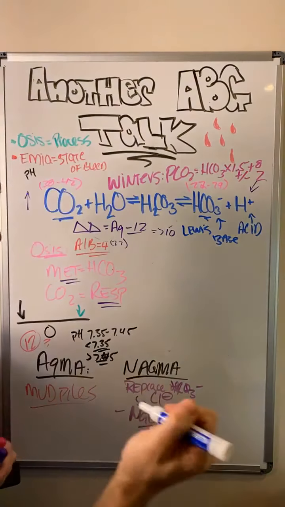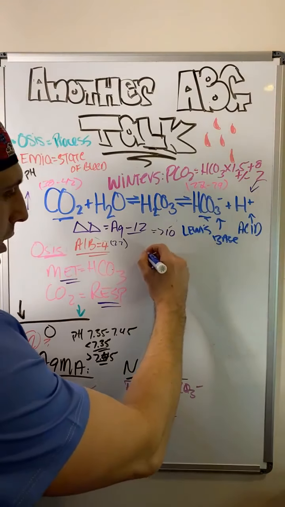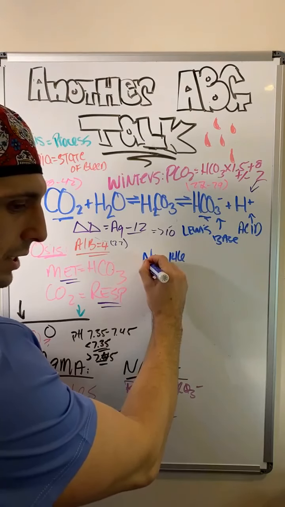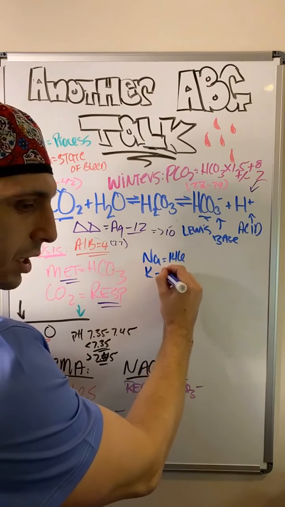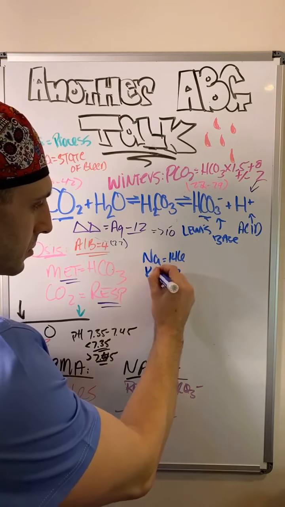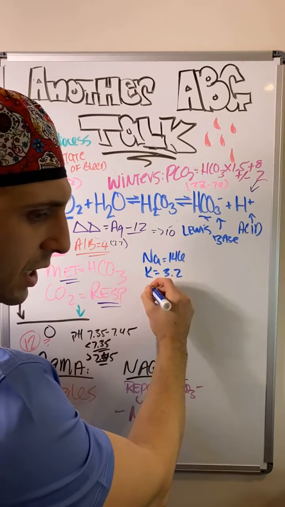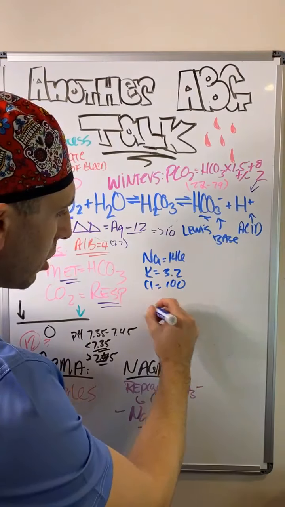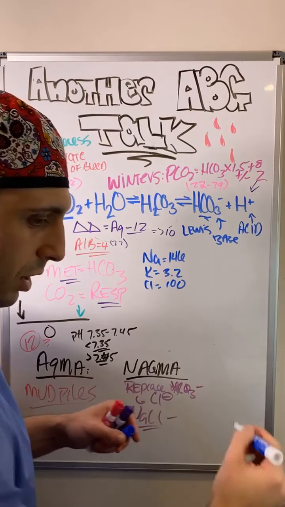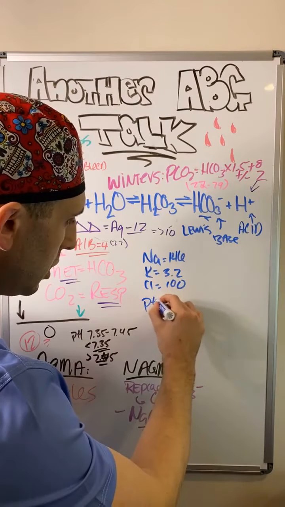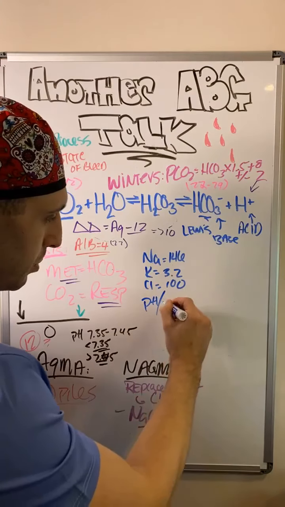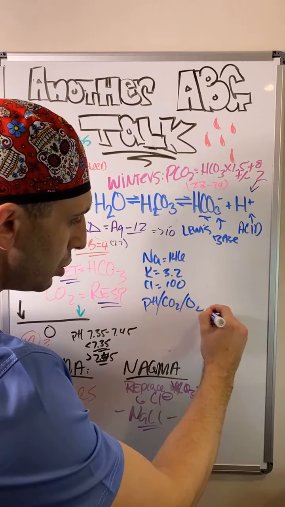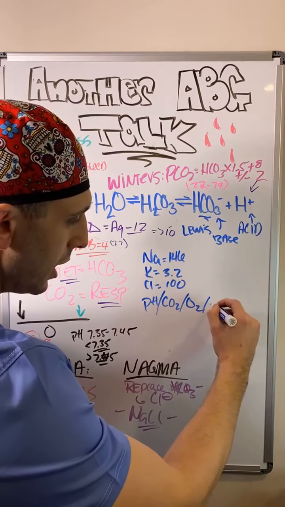But we have a patient, and we'll say his sodium is 146. We'll say that his potassium is 3.2. We will say that his chloride is 100. And we will say his bicarb, and I'll write out his pH, and the way we write this is pH, CO2, PaO2 rather, and our bicarb.